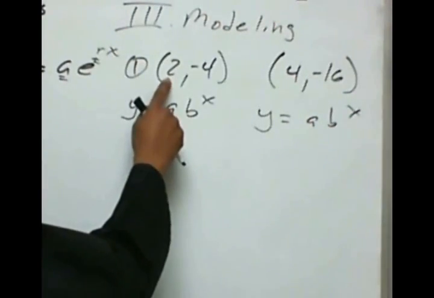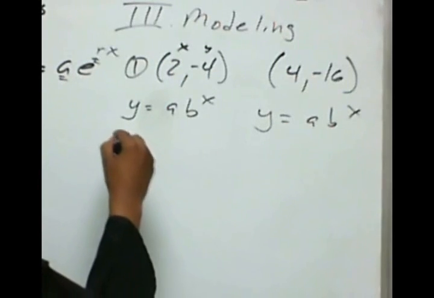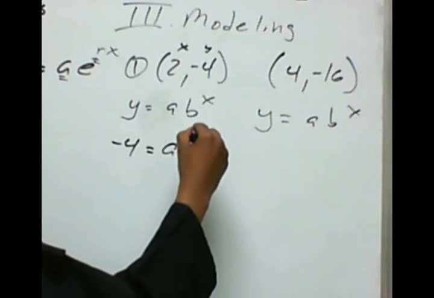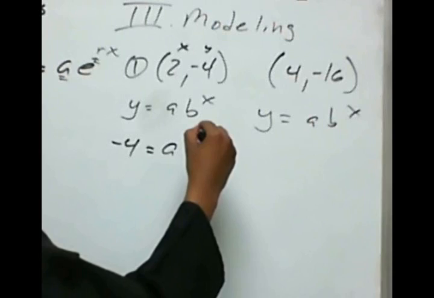All right, this is the input, this is the output, or should I say this is the x, this is the y. So this will be, the y becomes -4, ab to the, let's see, x is 2.